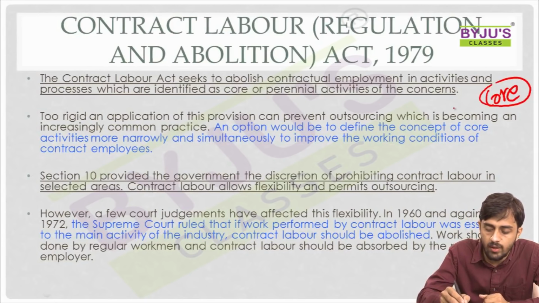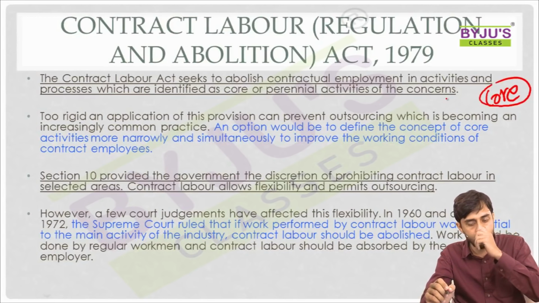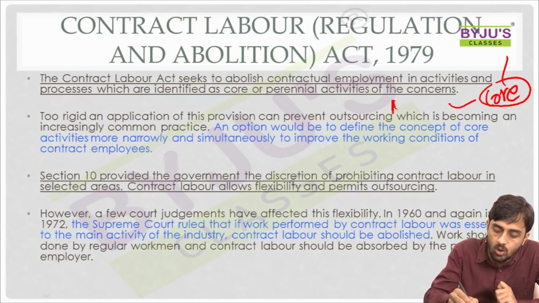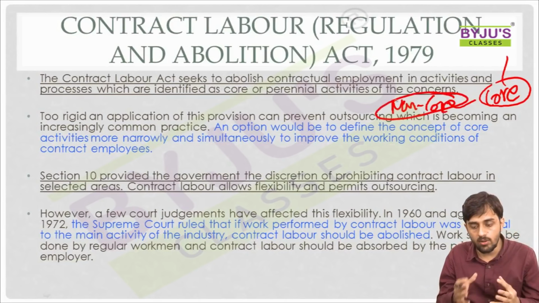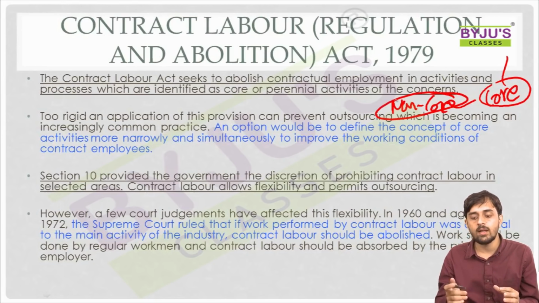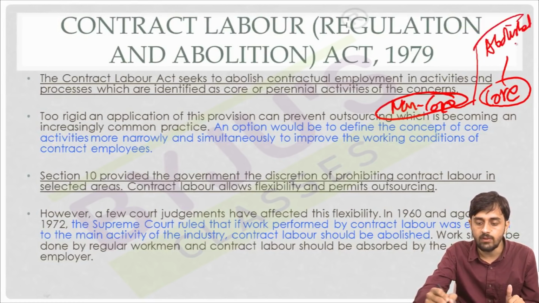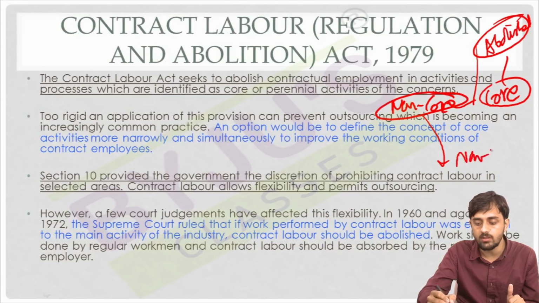So the whole idea of contract labor comes from the fact that most industrial units have certain core functions and certain non-core functions. The whole idea of regulating and abolishing contract labor is based on the fact that contract labor should be abolished in the core activities of the company, and the application of contract labor should be limited to the non-core activities of the company.